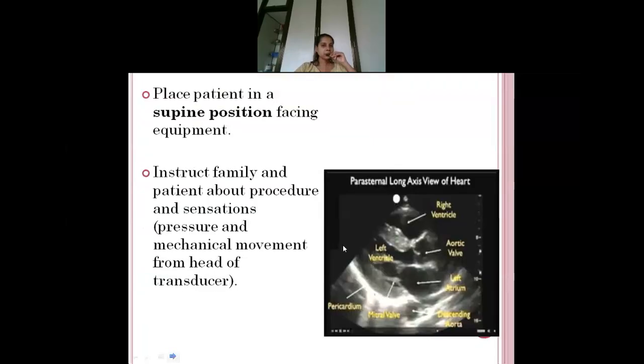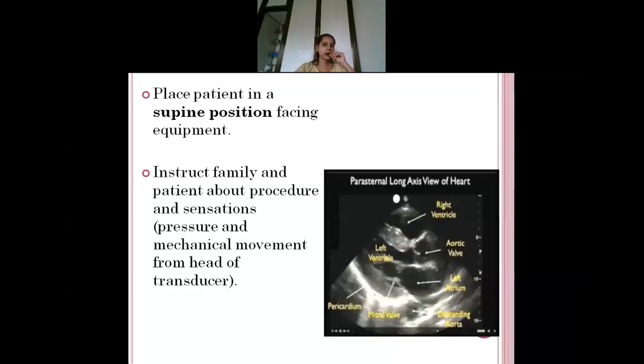Okay, so particularly during the procedure, you will ask a person to stay in a supine position. Tell them to lie down straight in a supine position. They should not move. Tell them to relax. Then you will put the jelly on the transducer and put it over the chest.